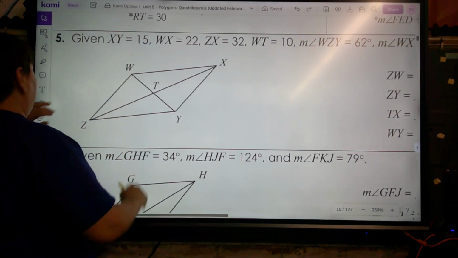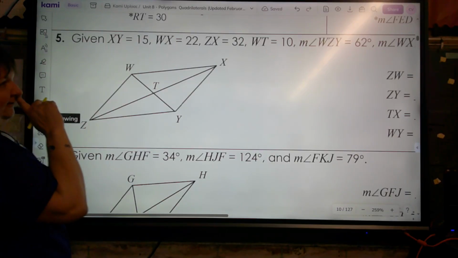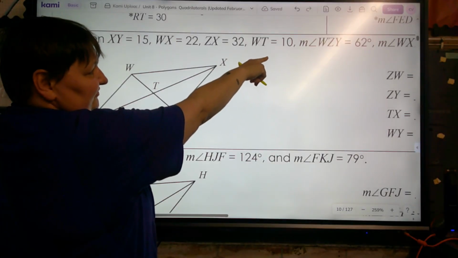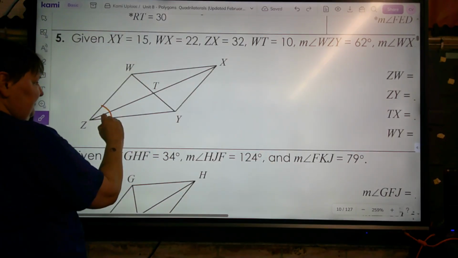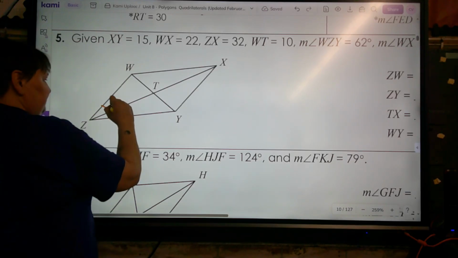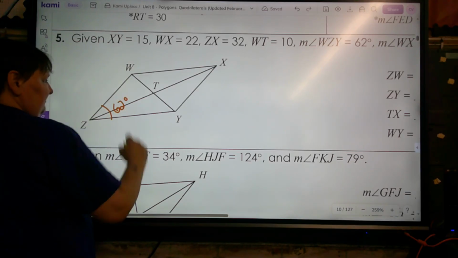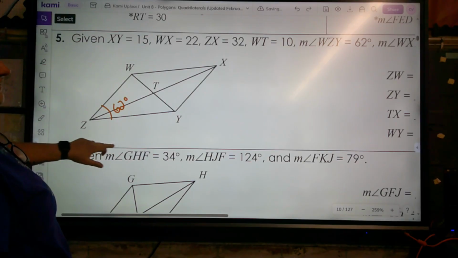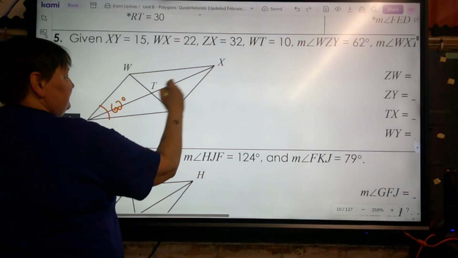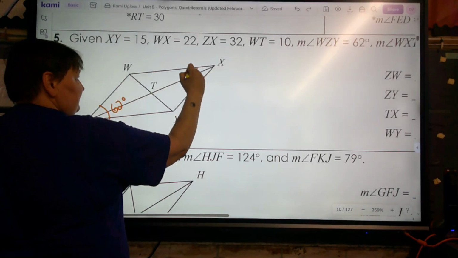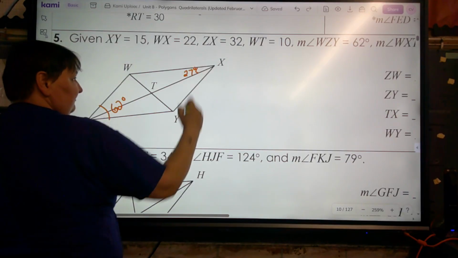All right, so we have the measure of angle WZY, so we're talking about this angle, is 62 degrees. And then WXT is 27.